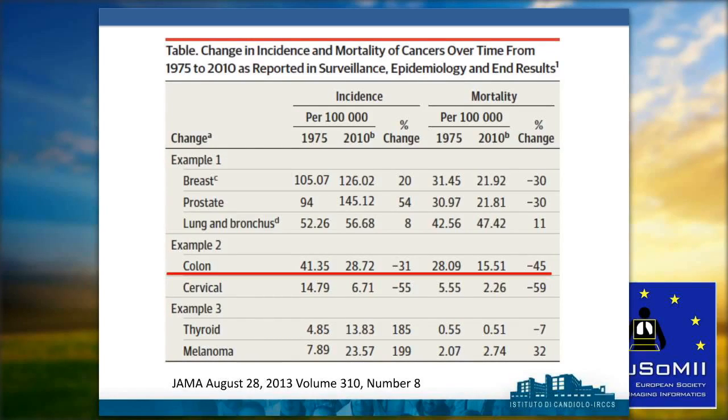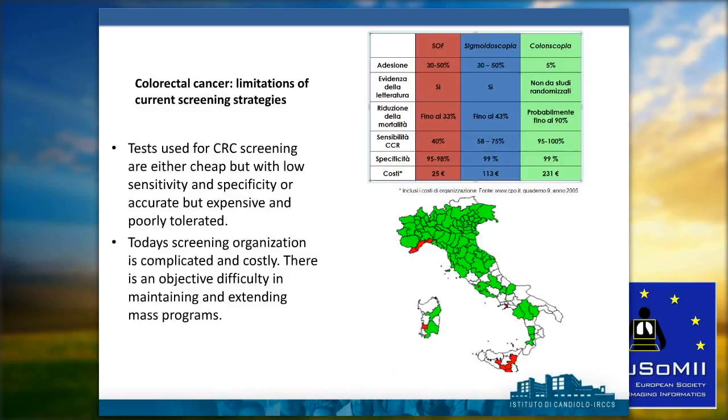And this is combined with cervical cancer, the 2 cancers where screening works the best and that have seen the most dramatic reduction in mortality. You can see here, for example, that this does not hold true for other cancers. We try to screen patients with melanoma, detect melanoma in the skin, but it's not very successful. We have an increase in detection, but also an increase in mortality. So here, screening is not so effective.